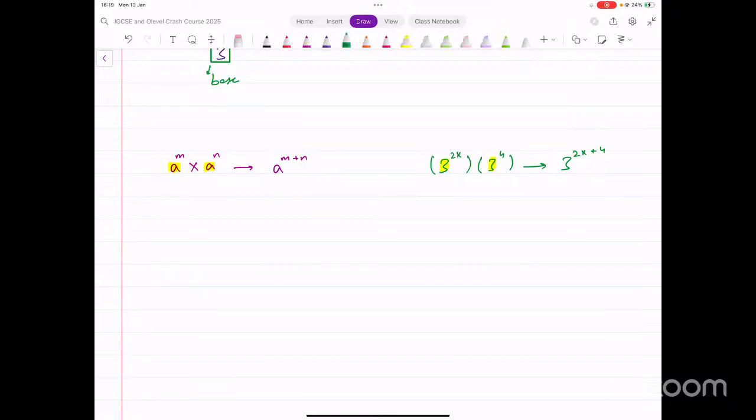If you've got two things multiplying, bases are the same, powers get added. You can just write that down in words as well. When bases are same, powers get added.